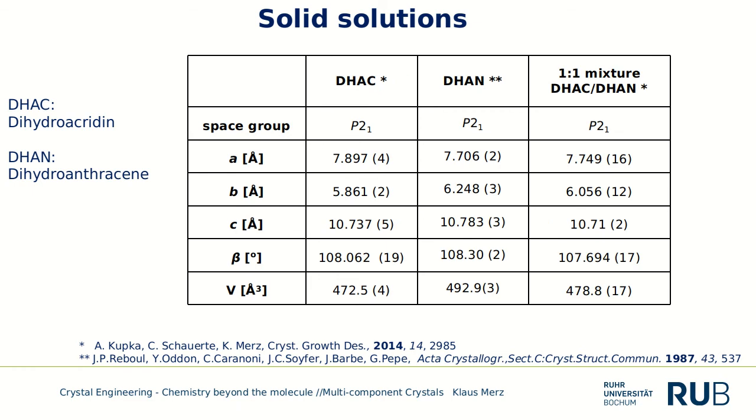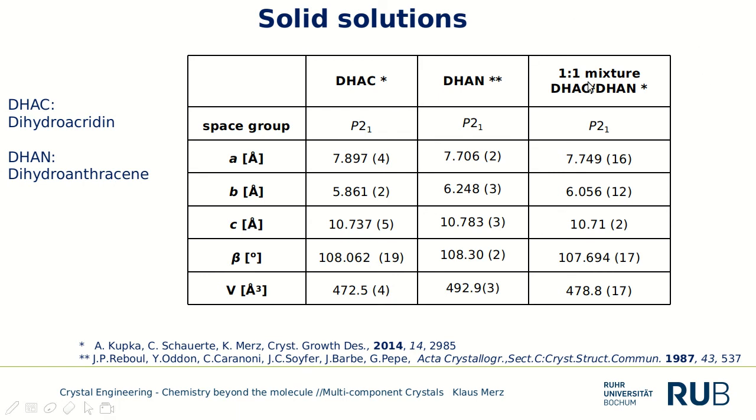Now going on, if we mix both components together, crystallize dihydroacridine with dihydroanthracene, you will get mixed crystals, very nice. You see once again similar, comparable cell constants.